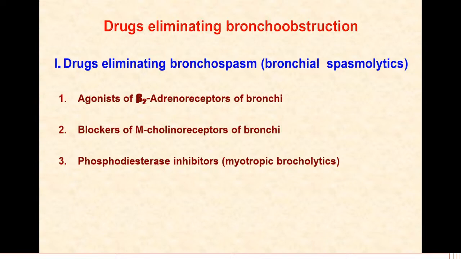That is why if we need to relax smooth muscle, we should use antagonists of M cholinoceptors. We should block the influence of acetylcholine on M cholinoceptors. That's why we use M cholinoblockers, M anticholinergics. They block M cholinoceptors, which prevents the influence of acetylcholine and prevents increase of contractility.